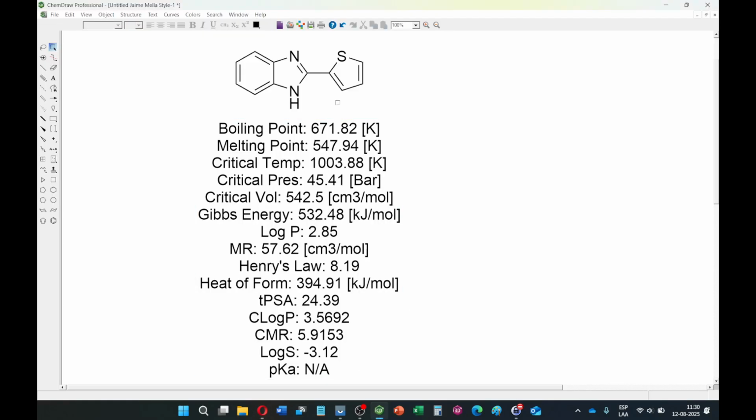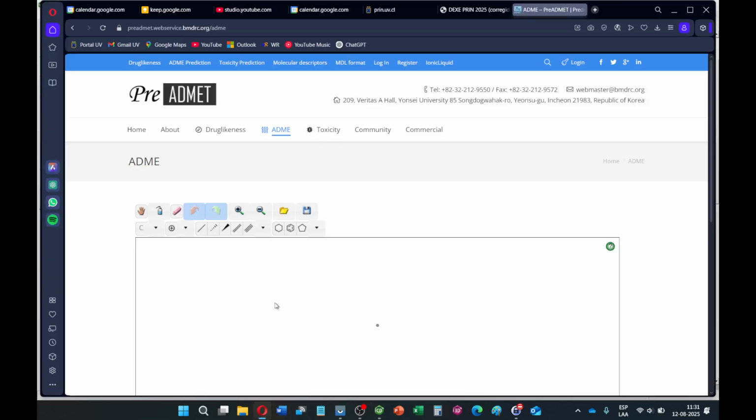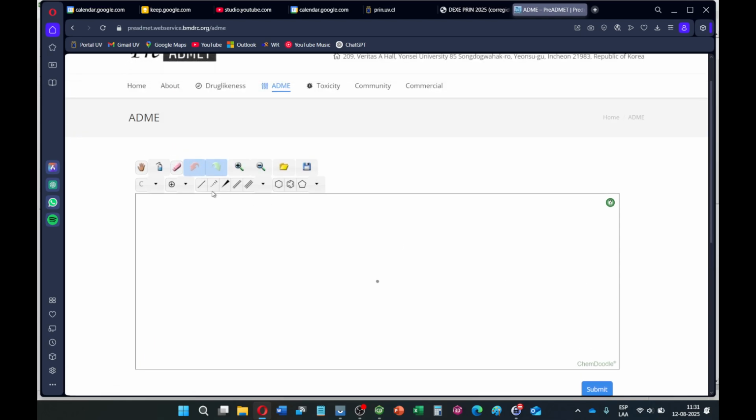Probably one can copy this molecule and paste it there in this particular format as SMILES. But it does not have it. We are going to draw it then. Let's see some of the interesting things. Oh, sorry.